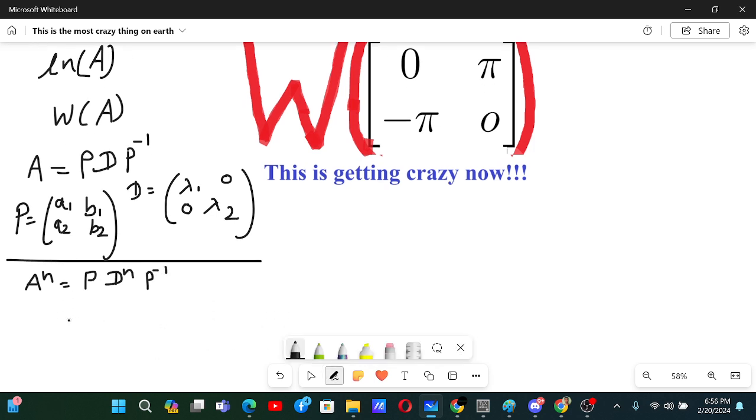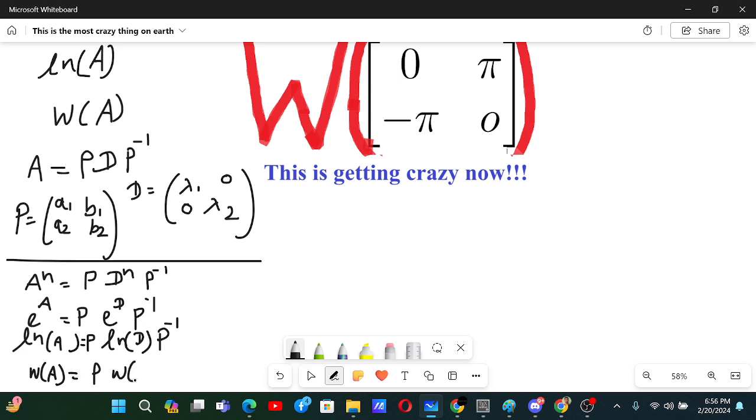Taking e to the power A will just be P times e to the power D P inverse. If you want to take log of A, that will just be P log of D P inverse. If you want to take Lambert W of A, that will also just be P times Lambert W of D P inverse.